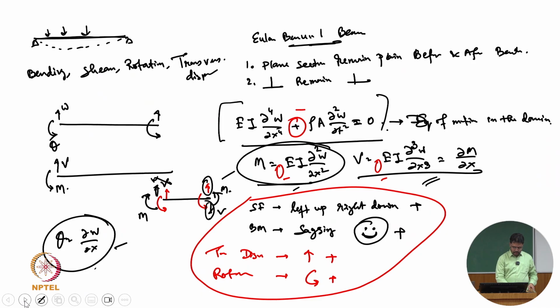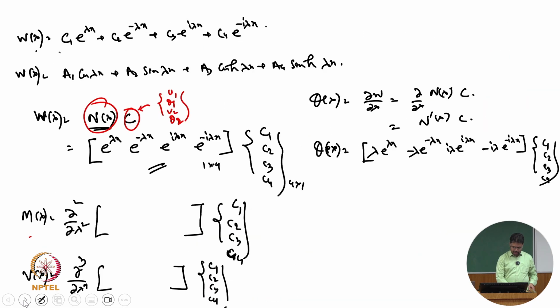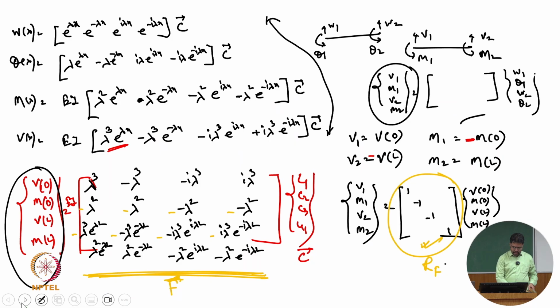If we recall, we have added those two minus signs because of left up, right down and sagging. But here we don't need to do it because whatever it is, we are just taking it. We are not trying to find the stiffness matrix.